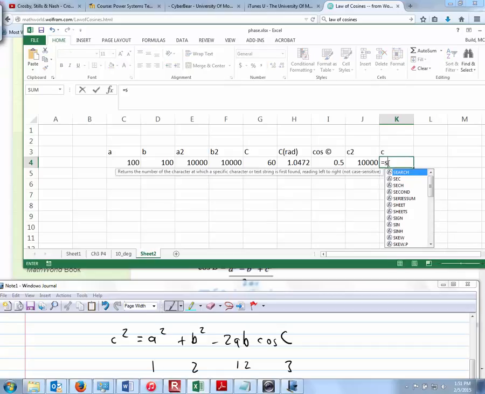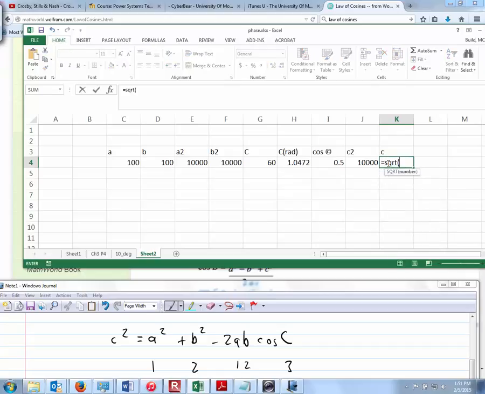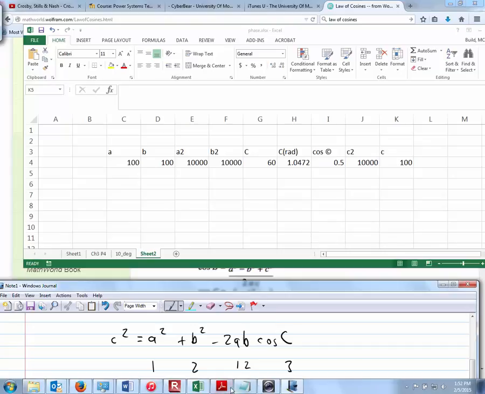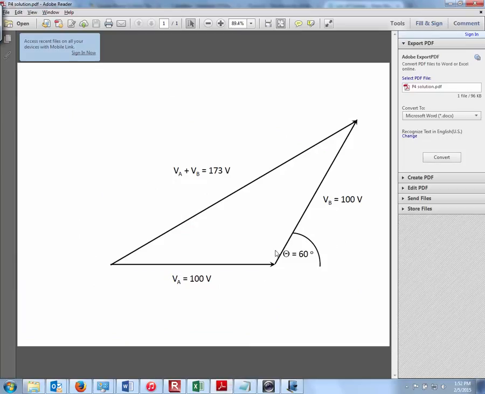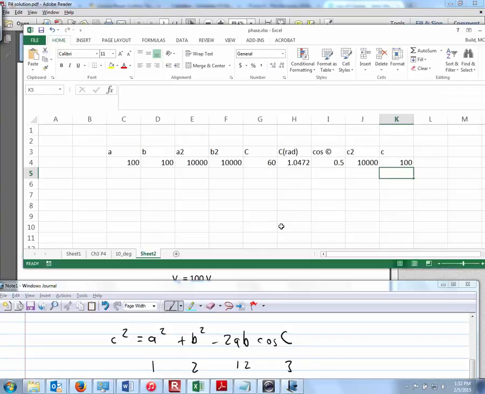Equals SQRT. All right, I know what I did wrong. Let's use 120 instead. 120. There we go. Yeah, 120.